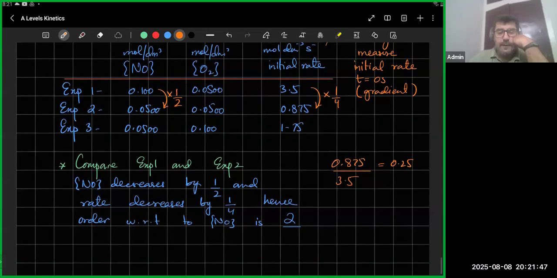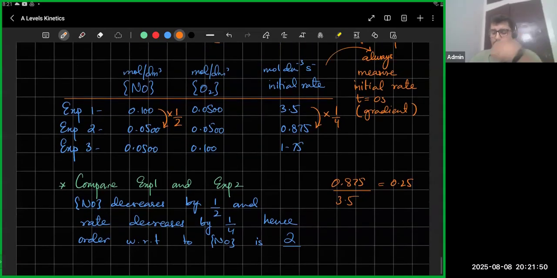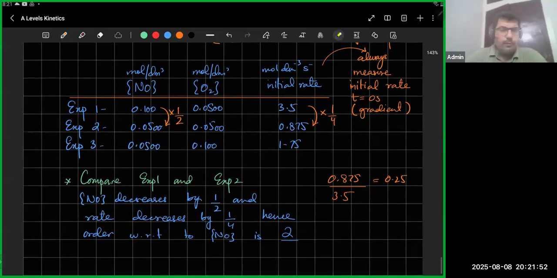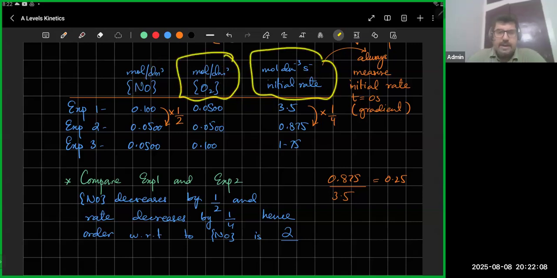Okay, so in the same way you have to figure out the order with respect to O2 as well, right? When you want to figure out the order with respect to O2, you want O2 and rate. So you're going to compare experiments where NO is kept constant, so that you can identify the relationship between O2 and the rate.